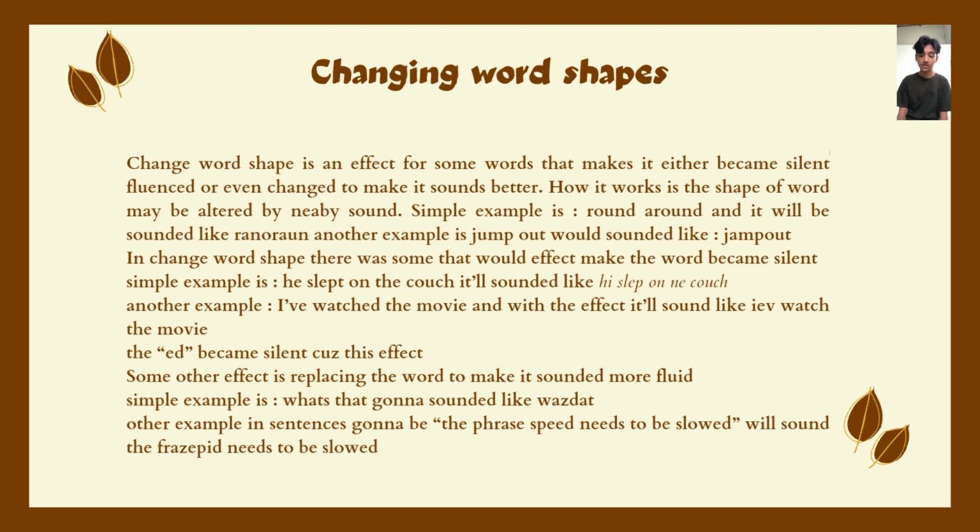With this effect it will sound like run around. You see the D wasn't sound there, it became silent and became influenced by the before word. The around became altered by the word round, which is the end of the word is D. It's become run around.